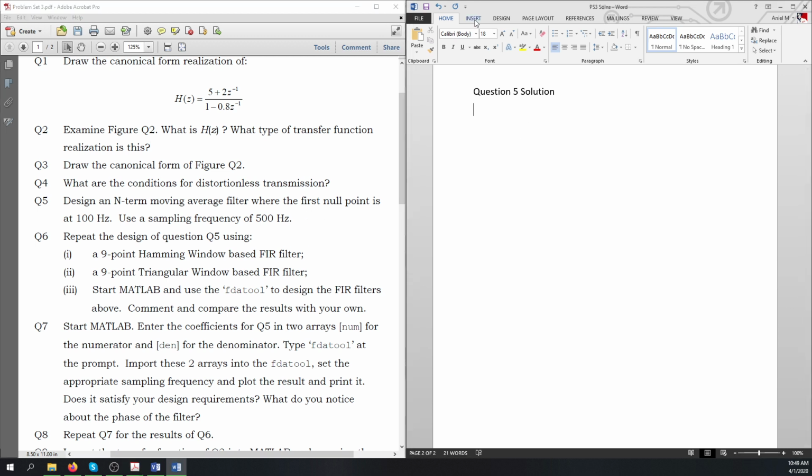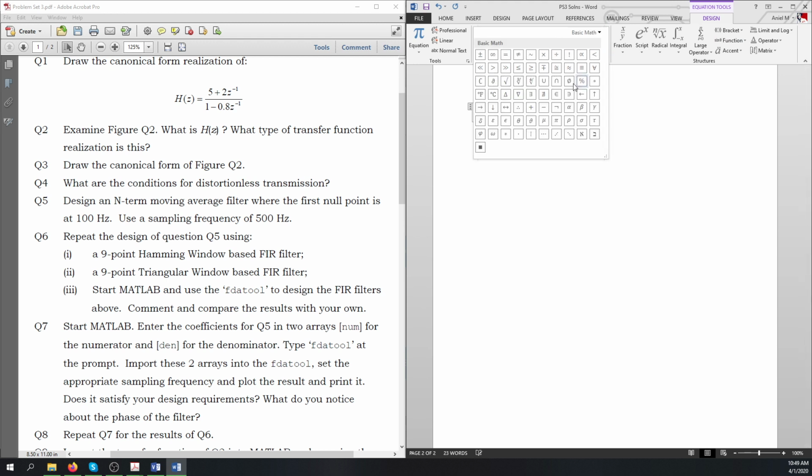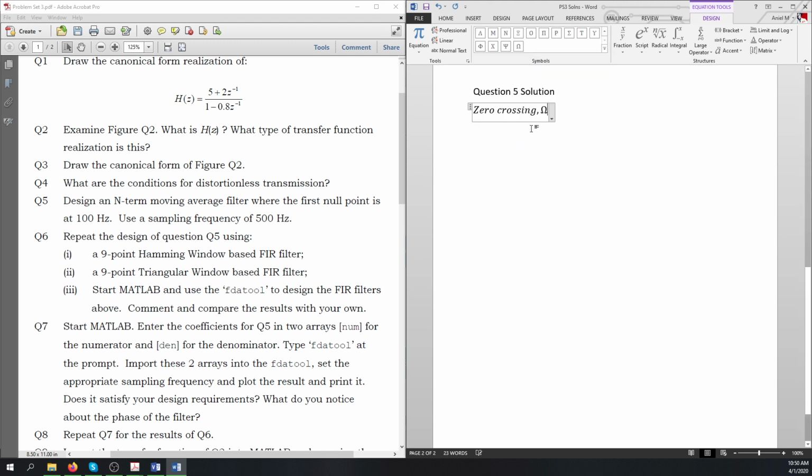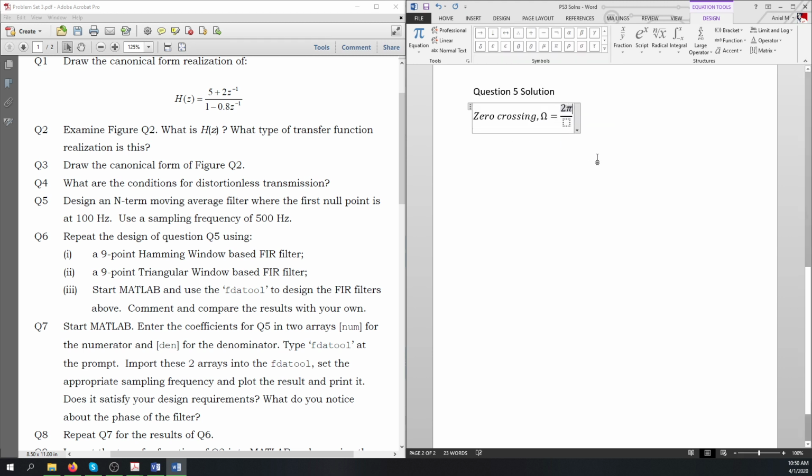So we know from our notes that the zero crossing, which is capital omega, is equal to 2 pi divided by n.